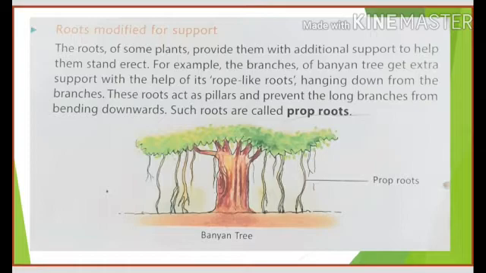We can understand it in this way: you are very well familiar with the banyan tree, a very large and tall tree having very widely spread branches.